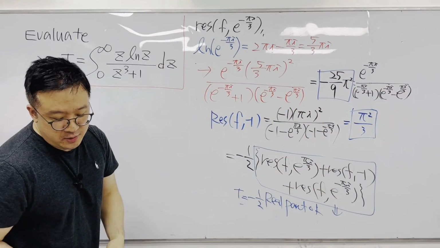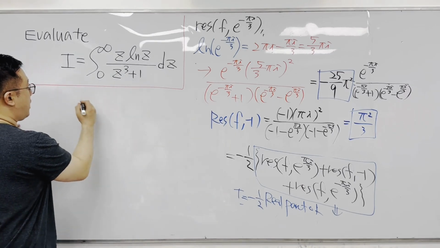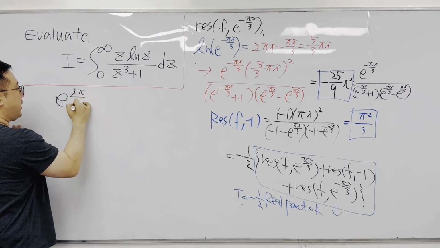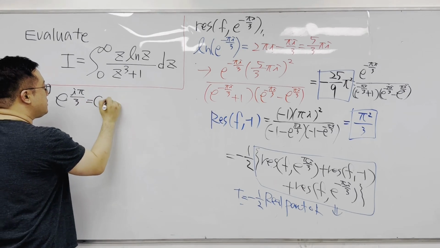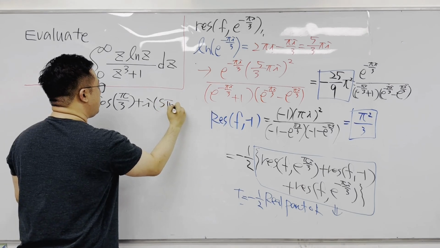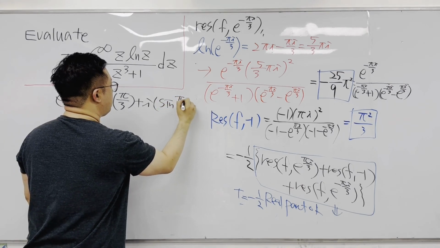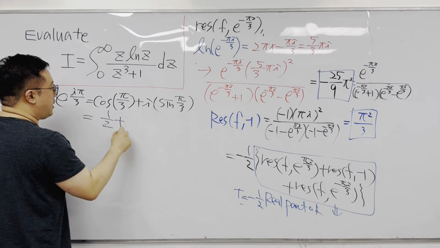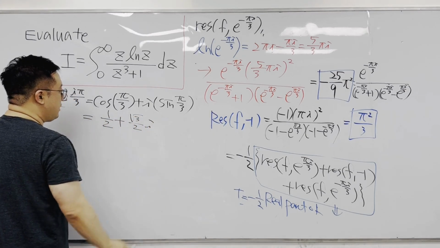For that part, we can use Euler's identity. So talk about e to the power of pi i over 3. We can represent this as cosine of pi over 3 plus i times sine of pi over 3. So that's why this has to be 1 over 2 plus square root 3 over 2 i, right?